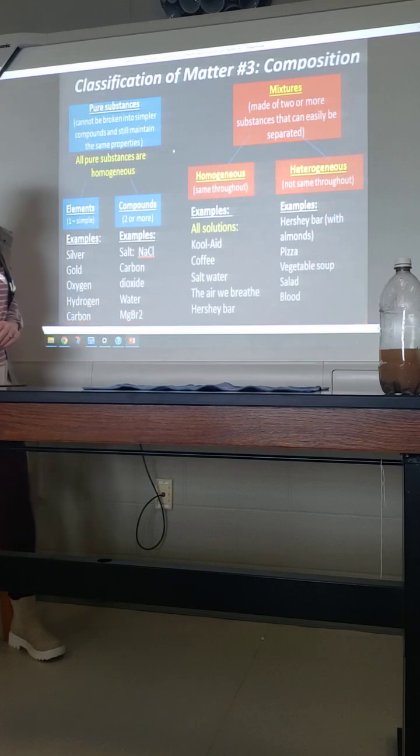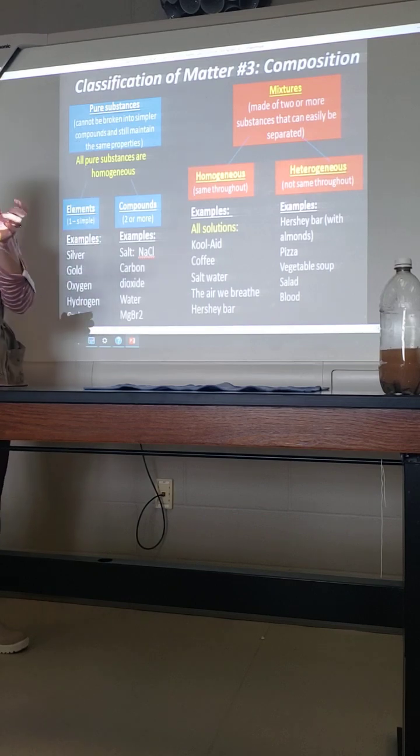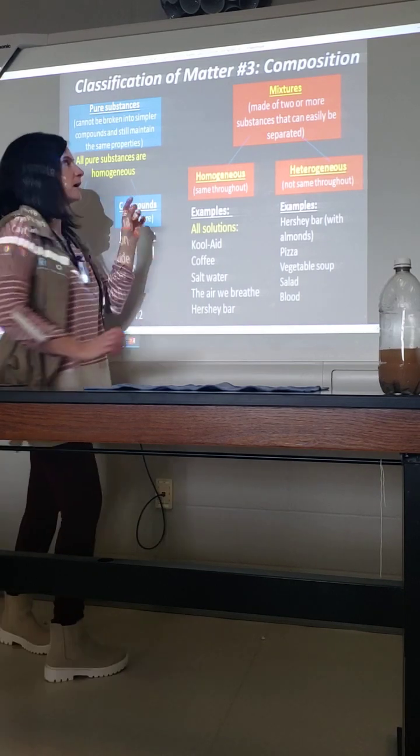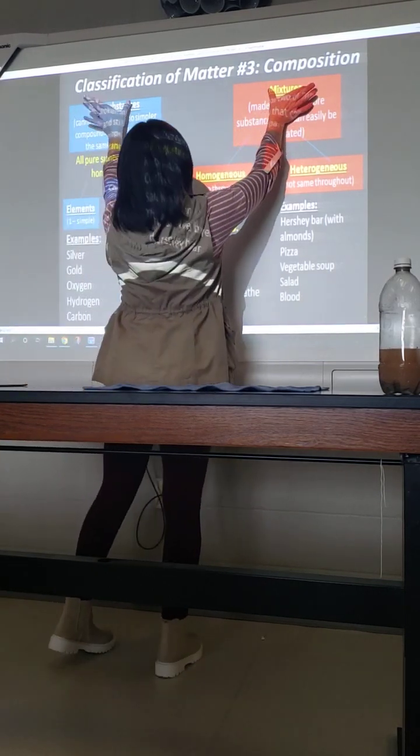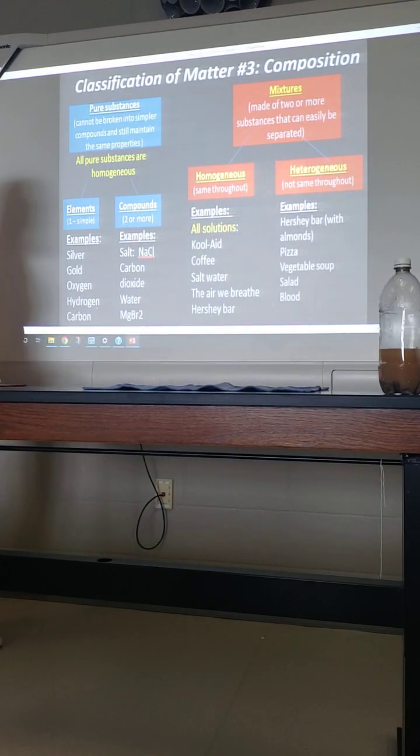Okay, wow, interesting stuff. So here's our pure substances, and I believe you just have to fill in those little white boxes at the top of the chart, mixture and pure. Pure substances cannot be broken into something smaller and still have the same chemical properties.